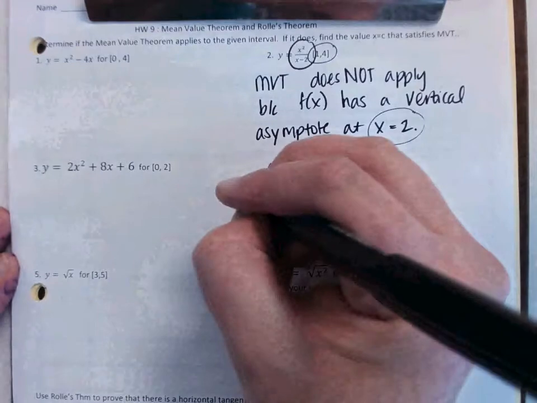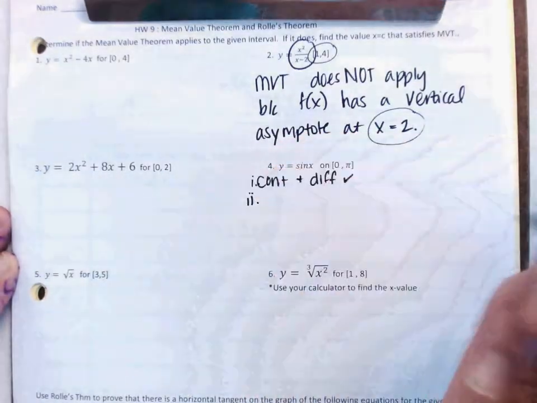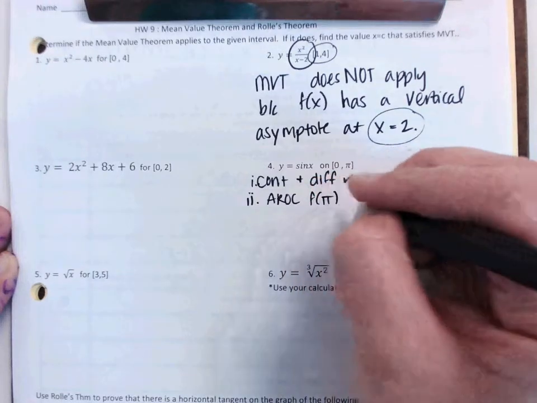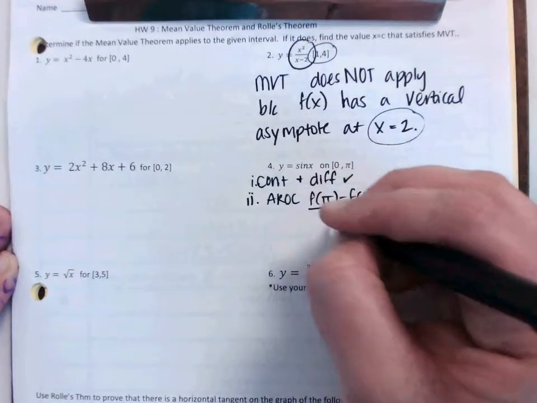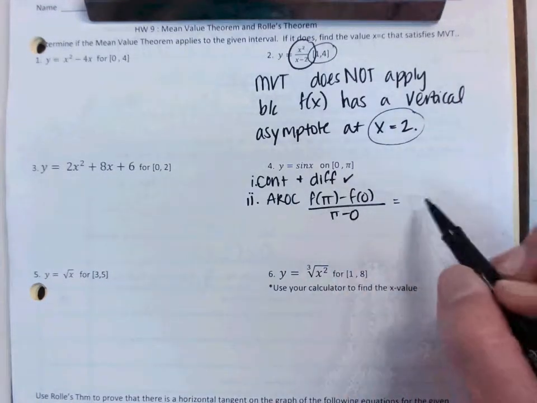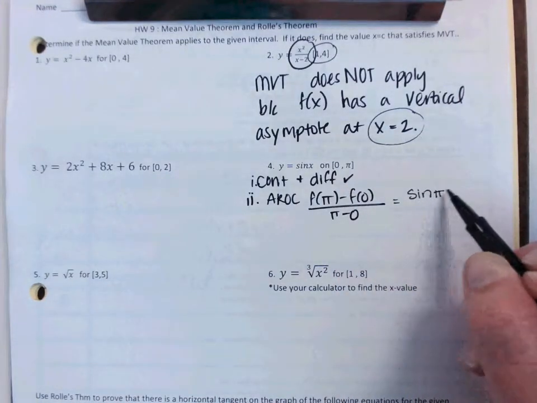Okay, step number 2. I need to find the average rate of change. So that'd be f of pi minus f of 0 over pi minus 0. And whatever that average rate of change is, I can promise you that my derivative is going to equal that. So plug in pi first. What is the sine of pi?